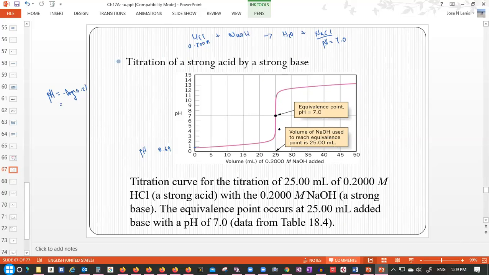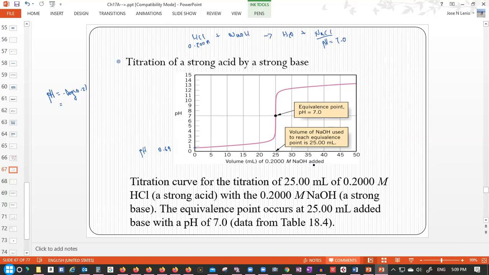And right here, about halfway up on this straight line is where you get the pH at the equivalence point. That means at this point, number of moles of the acid equals number of moles of the base.